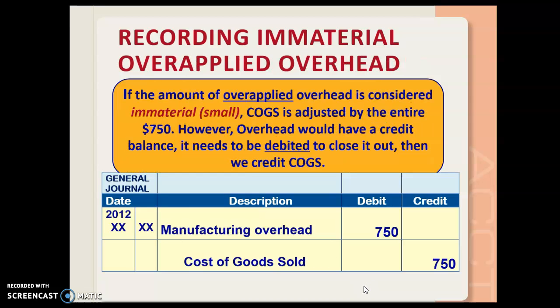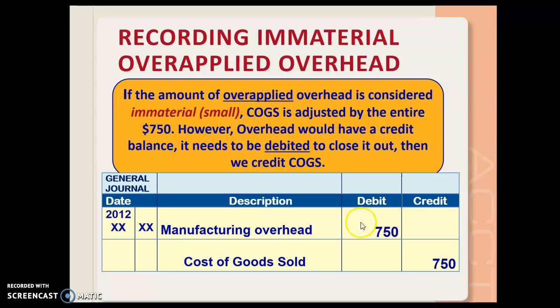Okay, now if the $750 was on the other side, if we had over applied, that means the 102,000 was on the credit side and the 101,250 was on the debit side, then I would need to debit the $750 to overhead, and then I would credit cost of goods sold.